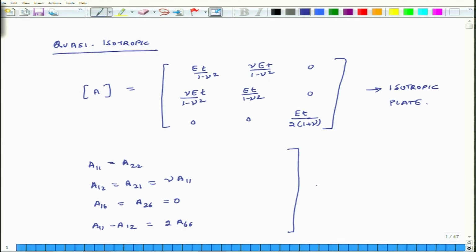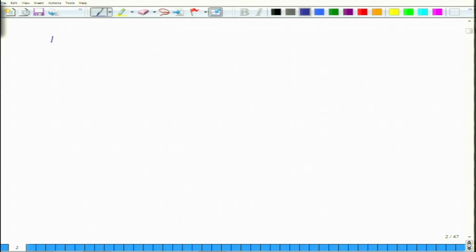Now, typically you can get a quasi isotropic plate or a lamination sequence if you follow some rules when you are arranging the different layers together. So, rules to ensure quasi isotropy.